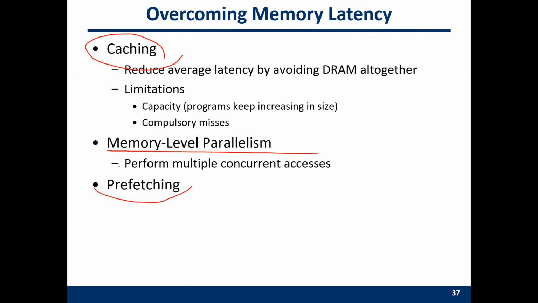And we can also do some prefetching. Prefetching means before you generate the need, I prepare the data for you, so that when you have that miss, I can immediately give you the data you want. You don't need to wait for the DRAM access anymore.